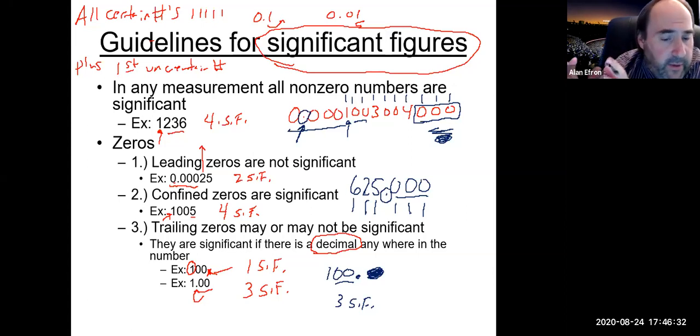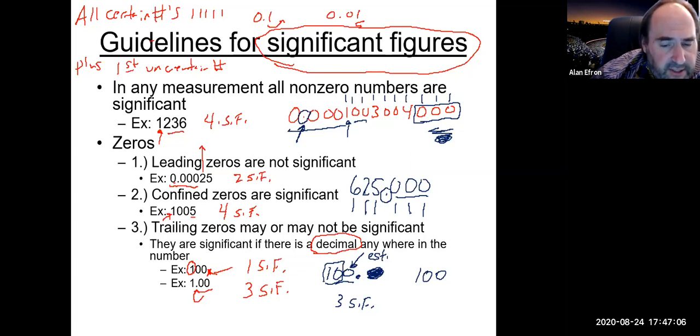Now, this is also a good example of what we were talking about in terms of the estimated digit. So let's take those 2 examples that we saw here, the 100 written with the decimal point and the 100 written without the decimal point. Because this one has 3 significant figures, that means the last 0 here is our estimated or uncertain digit, as the 1 and the 0 would be the certain numbers plus that first uncertain number.